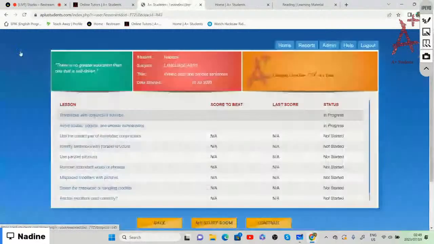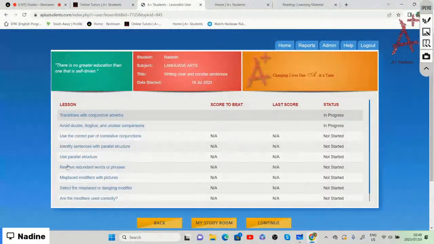And whenever we are writing a clear and concise sentence, paragraphs, or an essay, we need to avoid double, illogical, and unclear comparisons, right?